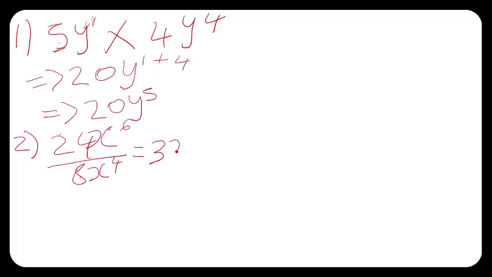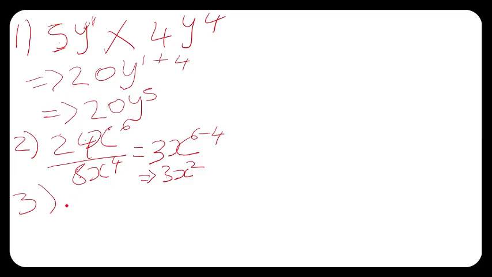So x raised to power what? Division law states that when we are having division, we are going to subtract. So that's 6 minus 4. So 3x is to power 6 minus 4. So this will give us 3x is to power 2. Do you understand?